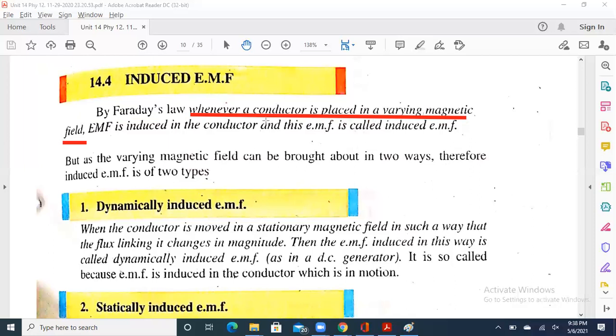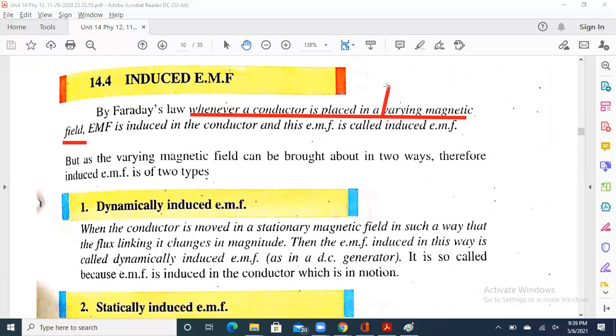Usually due to relative motion. One is relative motion of the magnet with respect to a certain coil attached in a circuit, or due to a coil having an AC source, producing a magnetic field that is continuously changing.